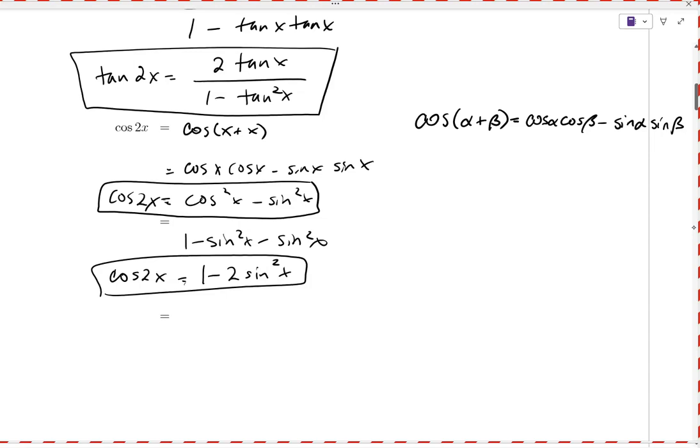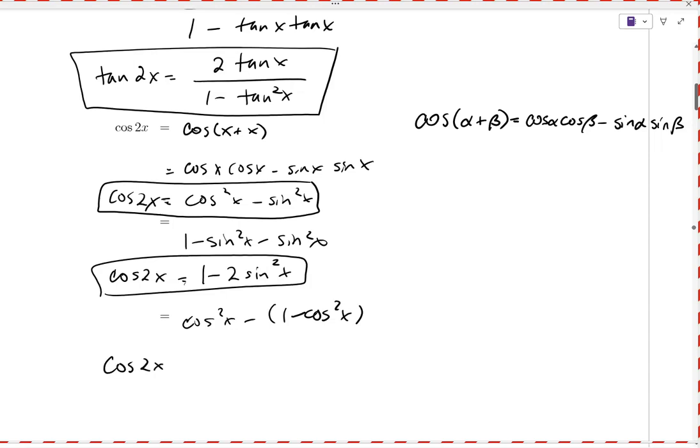Notice we got this one from going back up here and replacing the cosine squared with 1 minus sine squared. Instead, we could have replaced the sine squared with what? 1 minus cosine squared. All right.